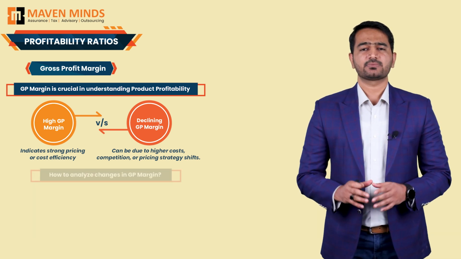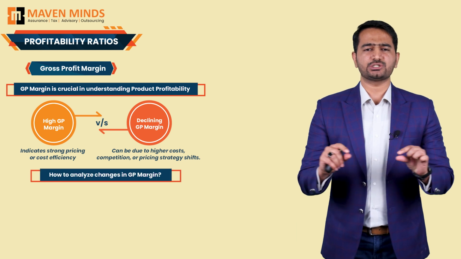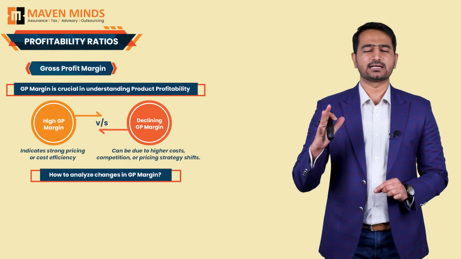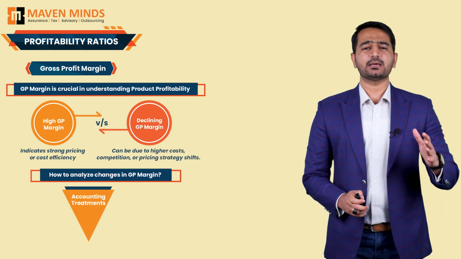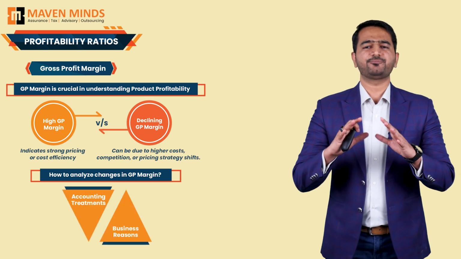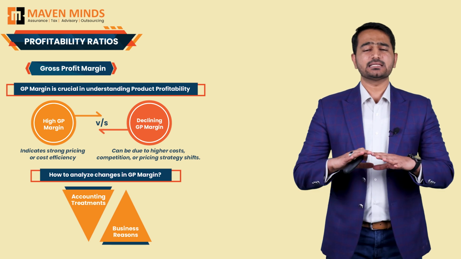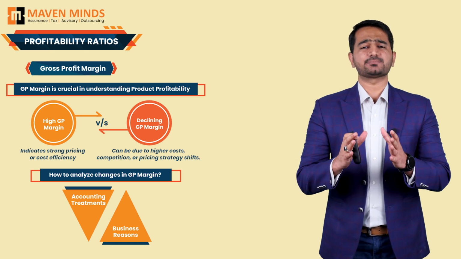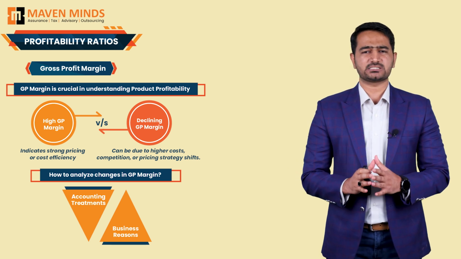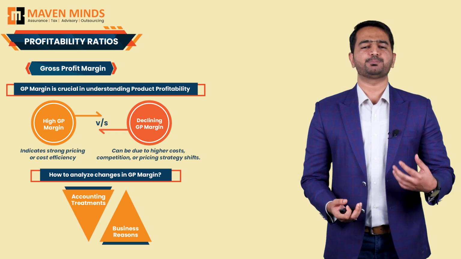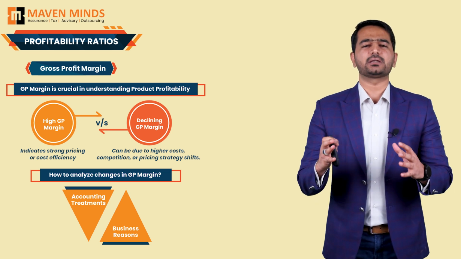In practice, when you notice a change in GP margin, it's critical to analyze both the accounting treatments and the business reasons to get a full picture of what's driving those changes. This holistic view helps in making more informed decisions about strategic adjustments needed to improve the profitability and the competitive positioning.